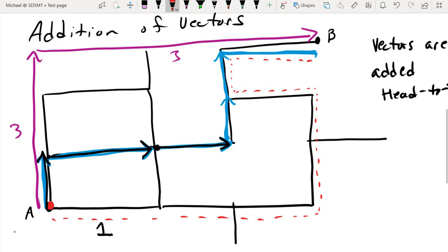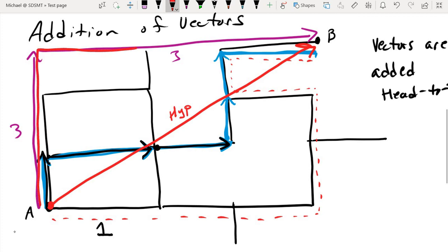Well, if we were going to do that, then we would just fly in a straight line from A to B, but that line has just become the hypotenuse of a right triangle that has been formed using all of the individual x and y values of the vectors in the system.